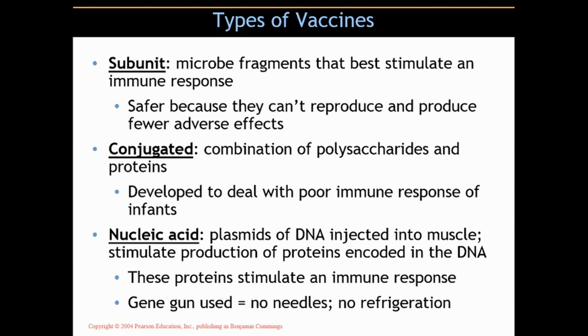There's a period of vulnerability when an infant just can't be vaccinated because of the limitations that we have and because of their weak and undeveloped immune system. So that's part of the main reason why conjugated vaccines came about.